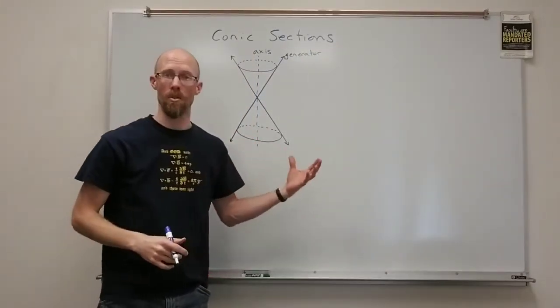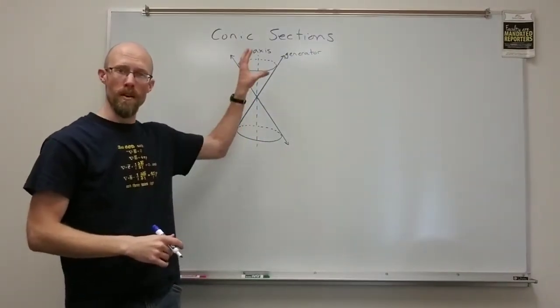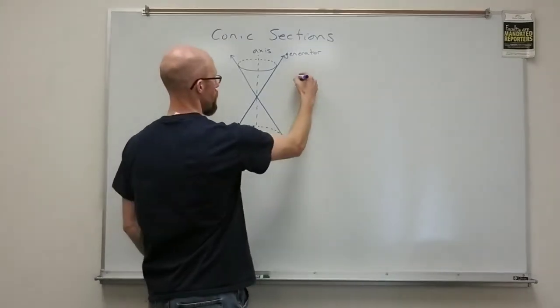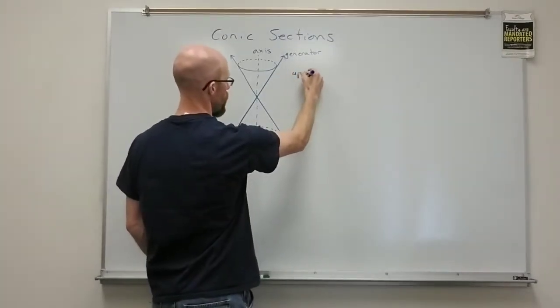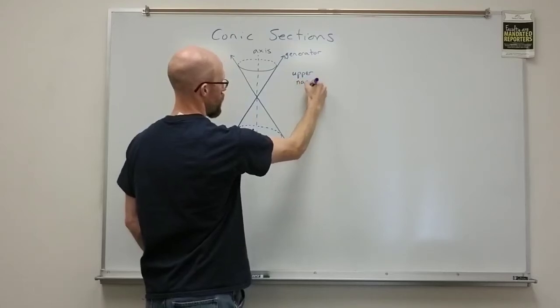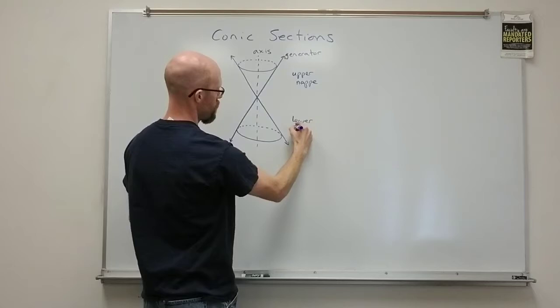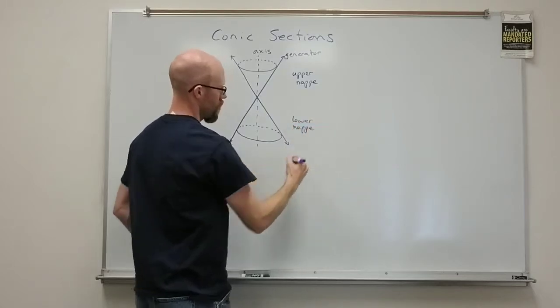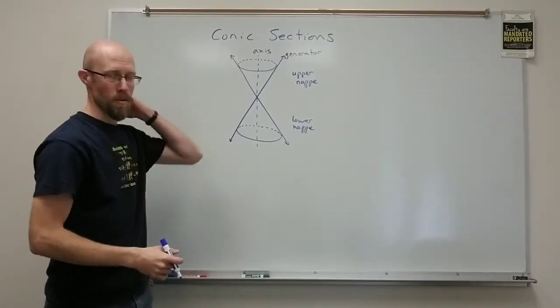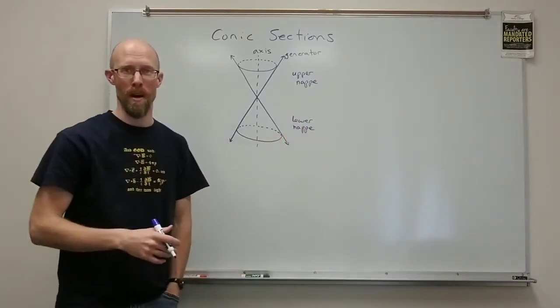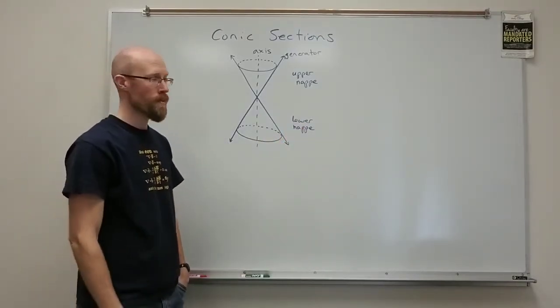This is a single cone, even though it appears to have two parts to it. The two parts are called napes. This is the upper nape and the lower nape. I suppose if this was tipped over, you could have a right nape and a left nape, whatever. It doesn't really matter. They're called napes.